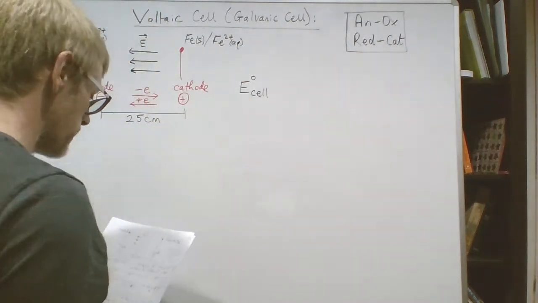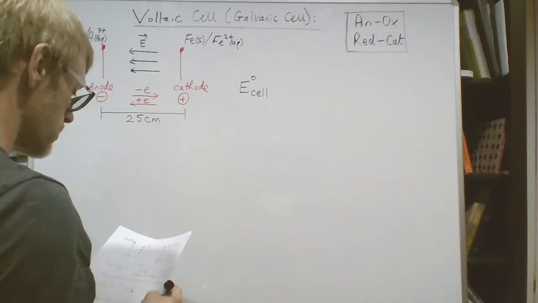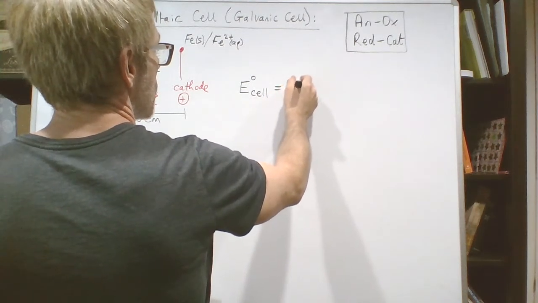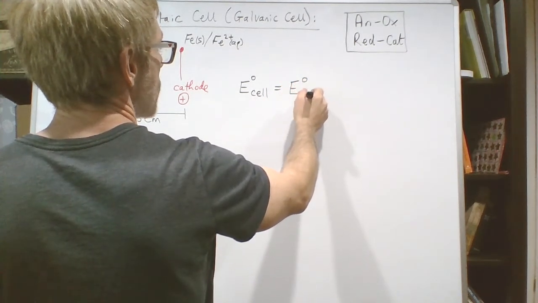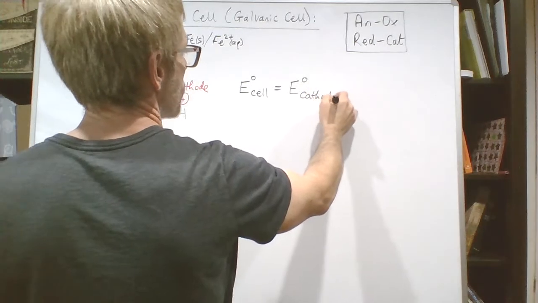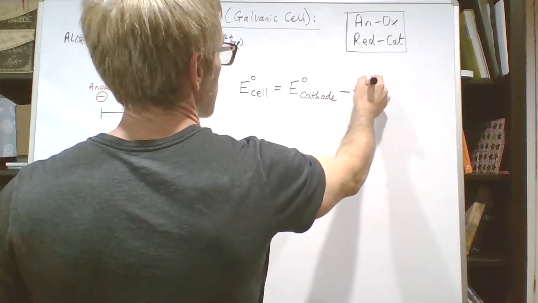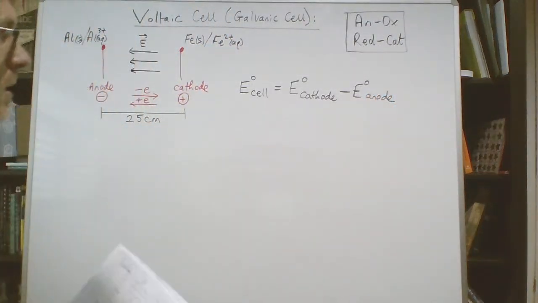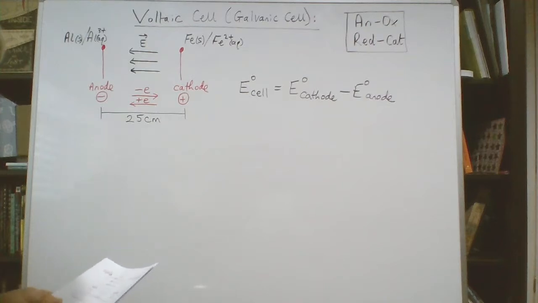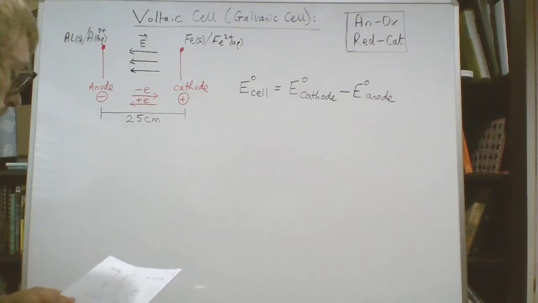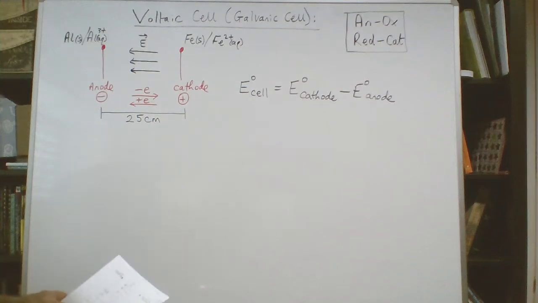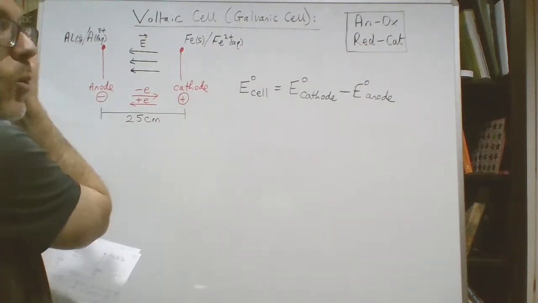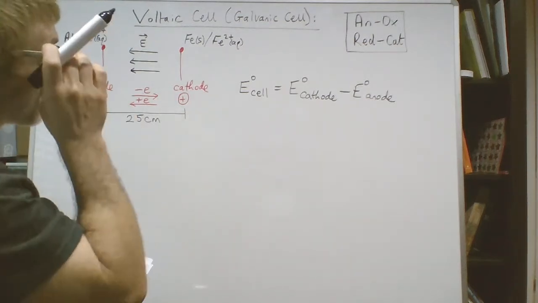So the standard cell potential, or the standard voltage of this cell, is going to be the voltage at the cathode minus the voltage at the anode. So this is an equation that you should memorize. It's going to be very useful at the general chemistry level. And remember that we know from our little expression here, we know where oxidation and reduction are occurring.